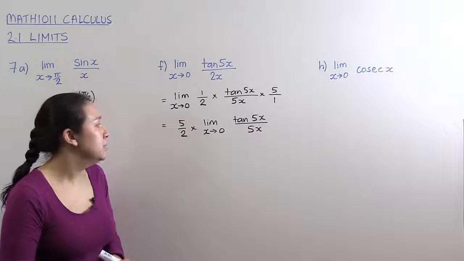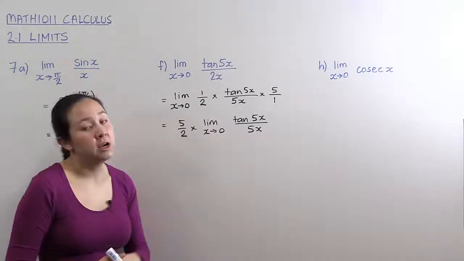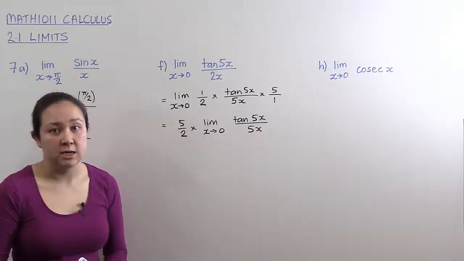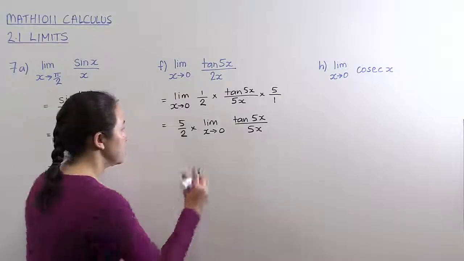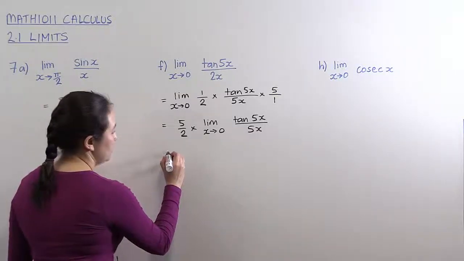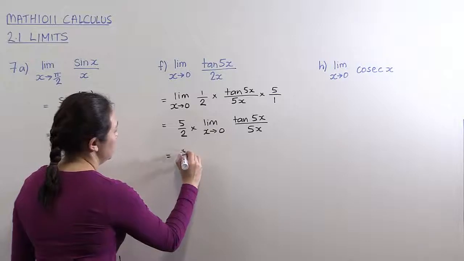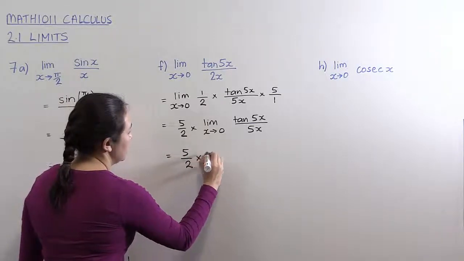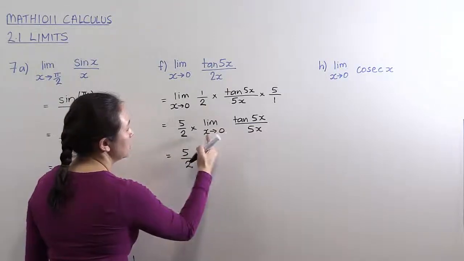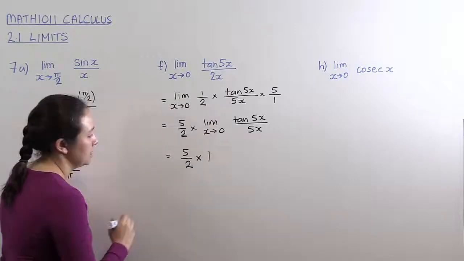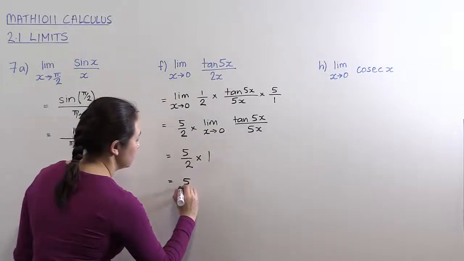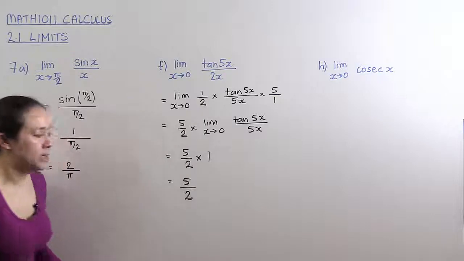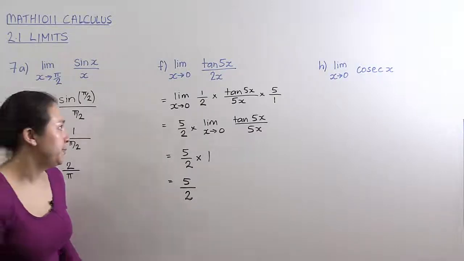This is still 1 because if x tends to 0, then 5x is certainly tending to 0 here. So we can make a formal substitution, but the idea is that this limit here is still going to be 1 because 5x is going to tend to 0 as x tends to 0. So overall, this limit is going to end up as 5 on 2.